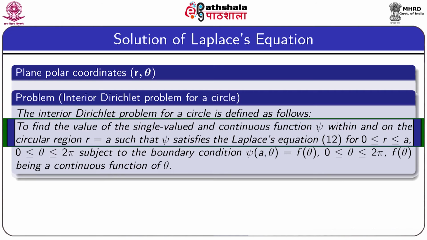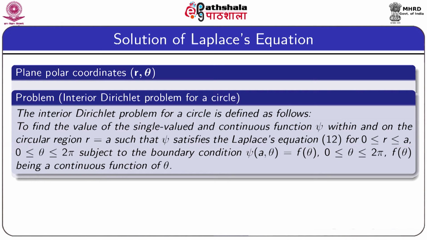That function is psi, and it satisfies the Laplace equation, and on the circular region, that means on r equals to a, psi satisfies some boundary condition, which is written here: psi a theta equals to f theta for 0 less than equals to theta less than equals to 2 pi, and f theta is a continuous function of theta.